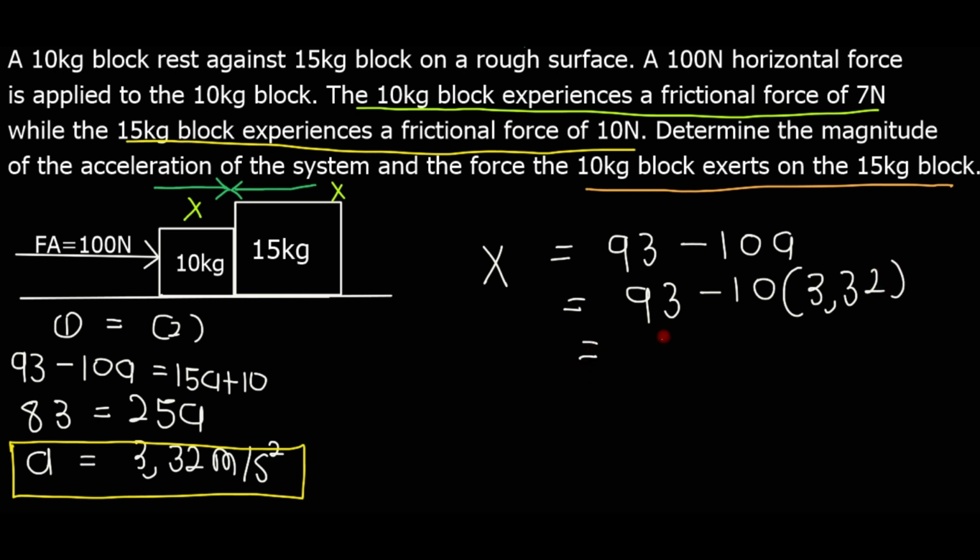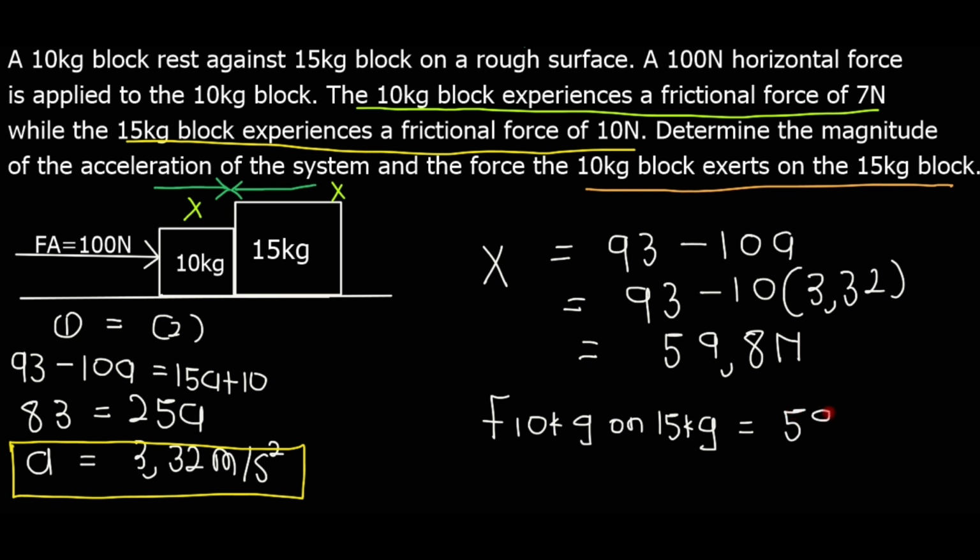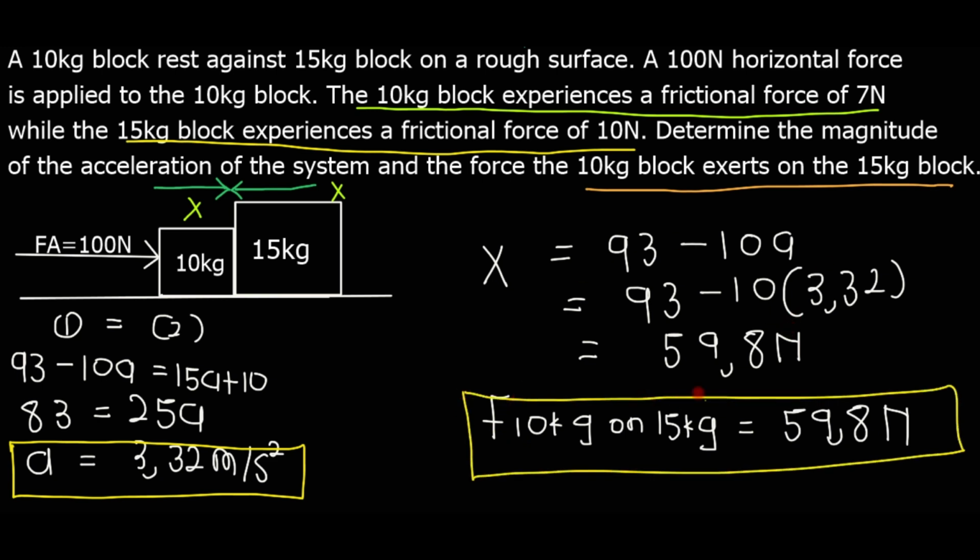From there it gives us 59.8 newtons. And now to be specific, the force between the 10 kilograms and the 15 kilograms is equal to 59.8 newtons. So this is our answer for the force. So that's it for this question and that's it for this tutorial.